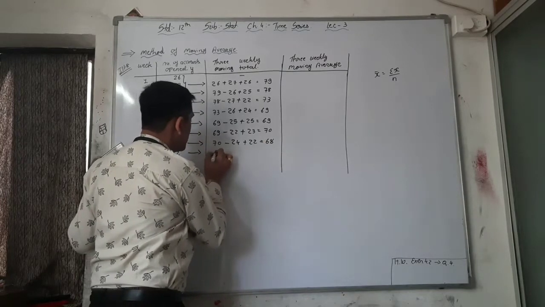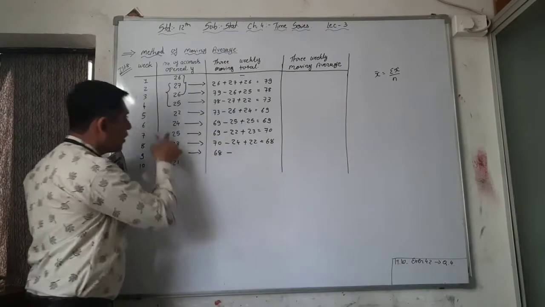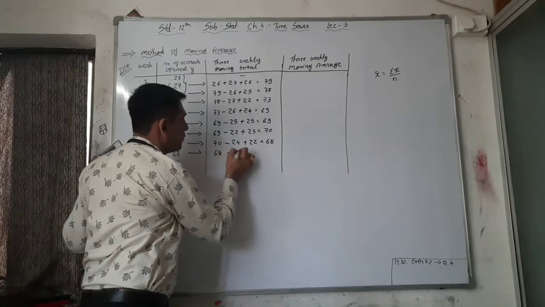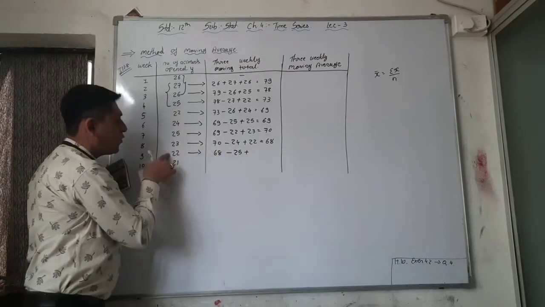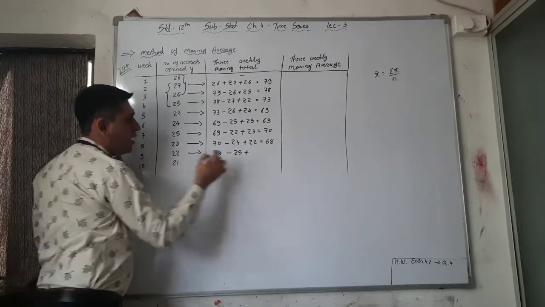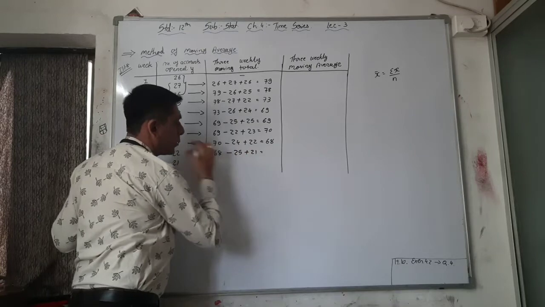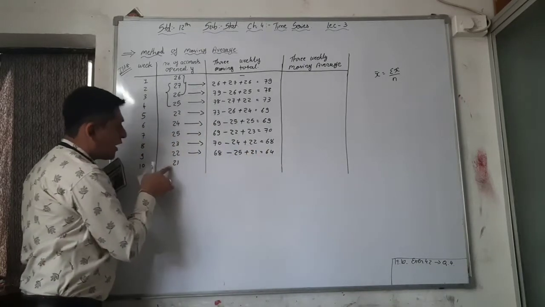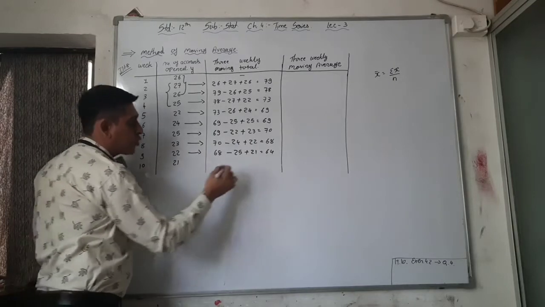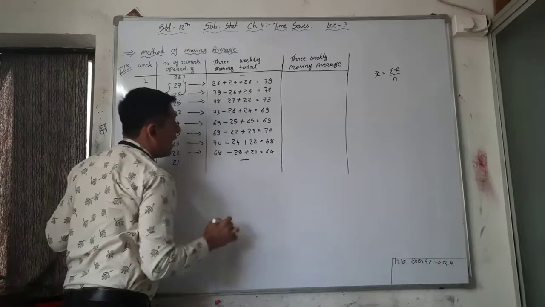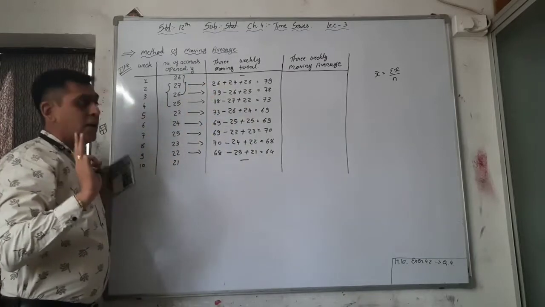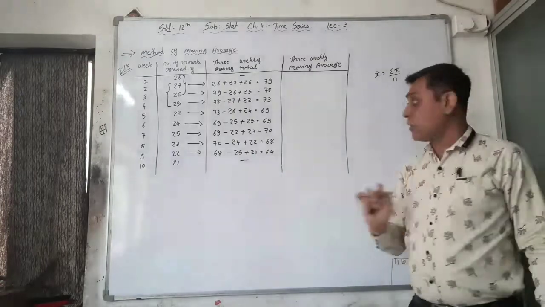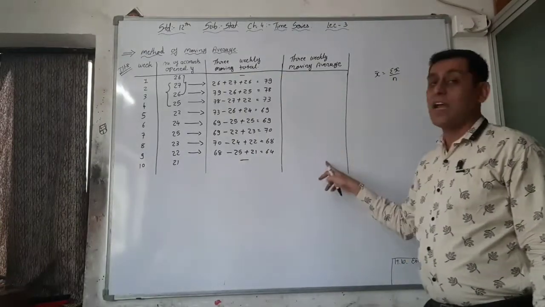Next one, 68 minus, after 25 we have to subtract 25, then after 22 we have to add 21. So here the answer is 64. And then we cannot add extra amount, that's why here we have to write dash, that is, in 3 weekly moving total we cannot find out first and last values total as well as averages.